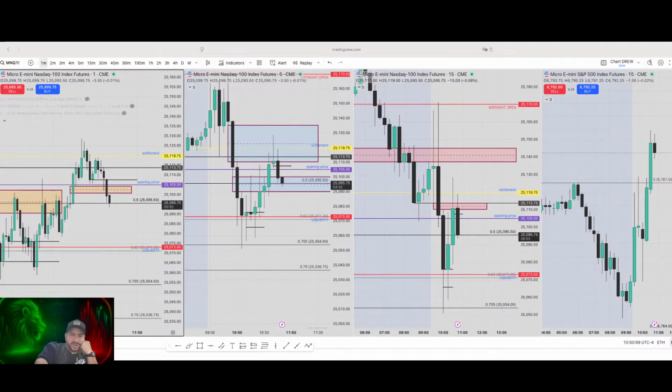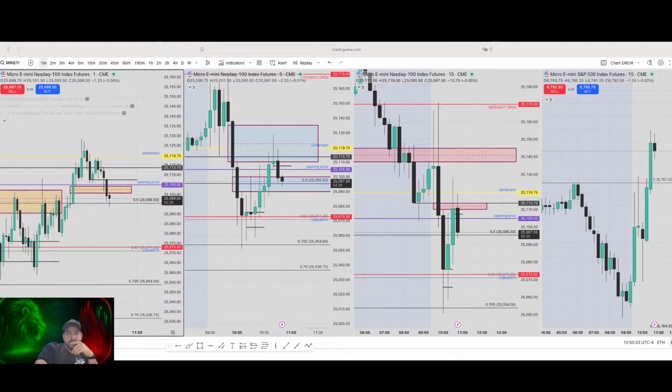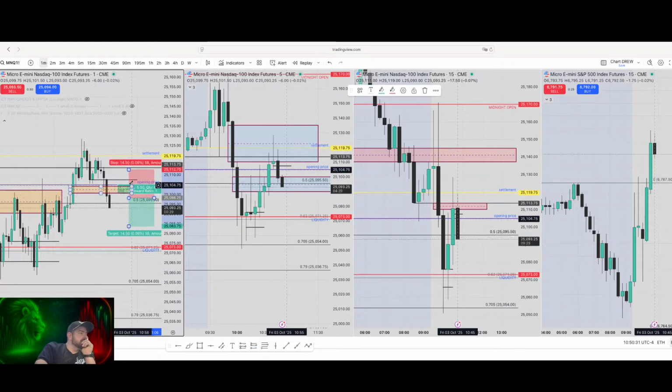See what we can get here. Looking for the lows to get taken out down here, pretty much. Got in at 9.8. Right here, stop is at 118.